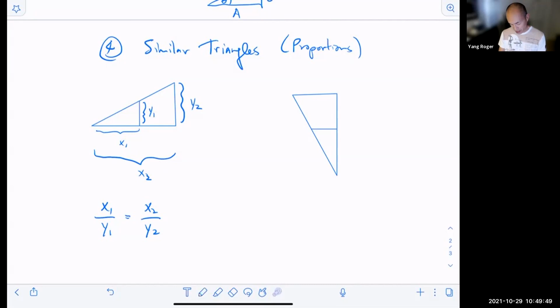In other words, this triangle right here is just a smaller version with the same proportions as this triangle right here. So it's kind of like people that are really into cars. Sometimes they like to have these miniature models of a car that they love.